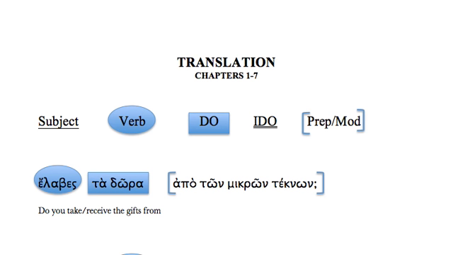The way that we know that this is the little children as opposed to the children are little is the fact that the definite article, ton, is with the adjective mikron. So, putting this all together, do you take or receive the gifts from the little children?